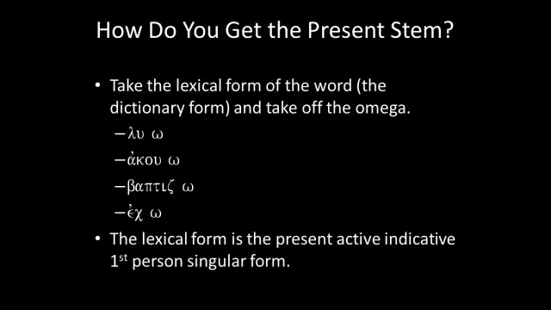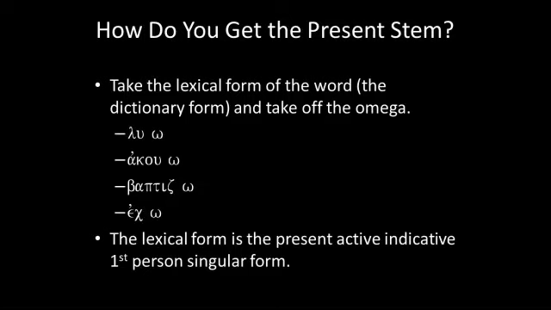Now, by the way, when you look up one of these verbs that we're studying in a lexicon, the form that you see, the lexical form, will be the present, active, indicative, first person singular form. So when you look up luo, it's going to say luo. That's what it looks like in present, active, indicative, first singular.